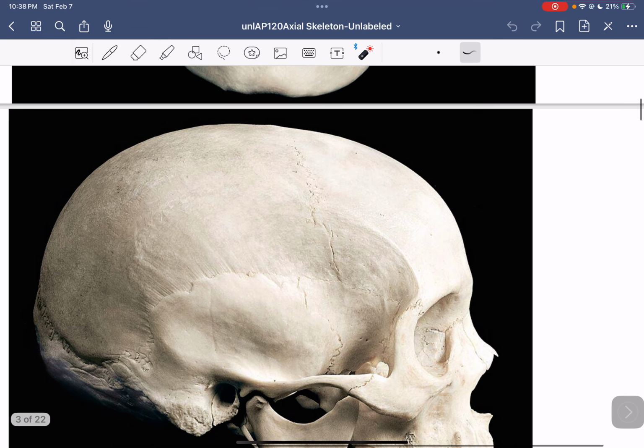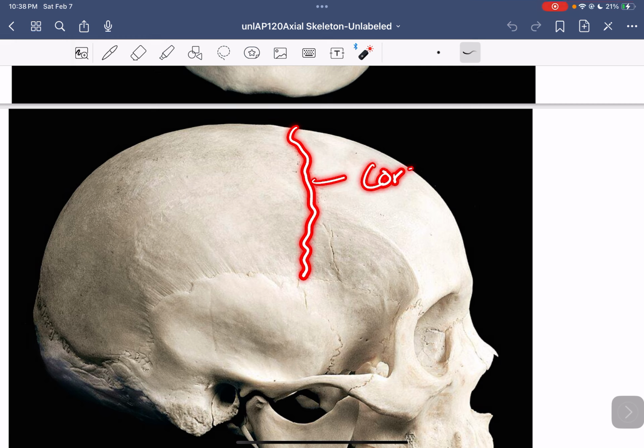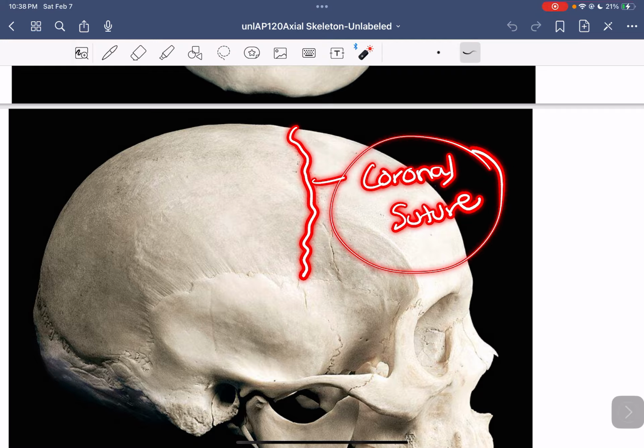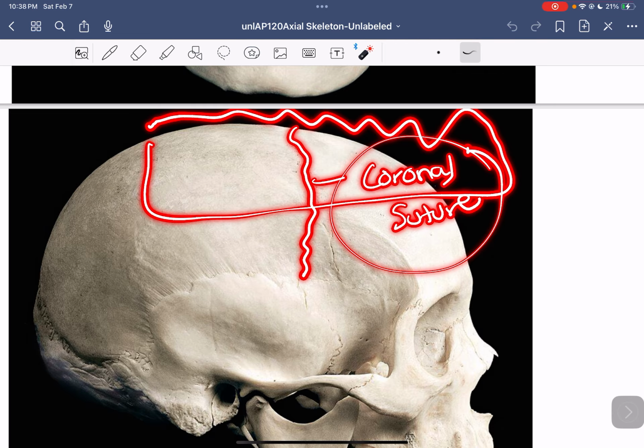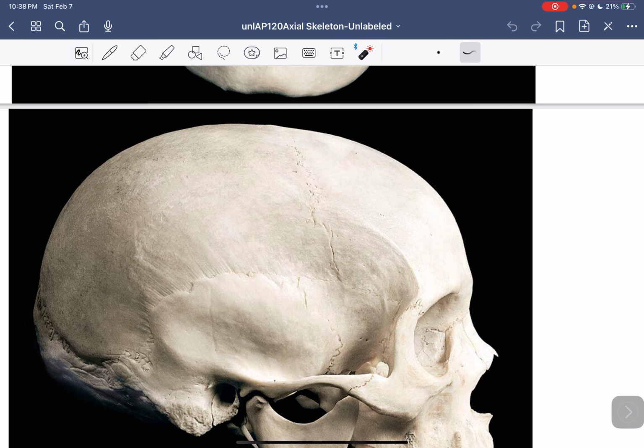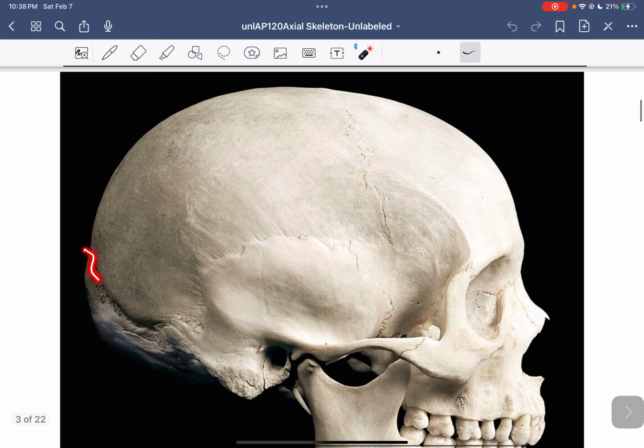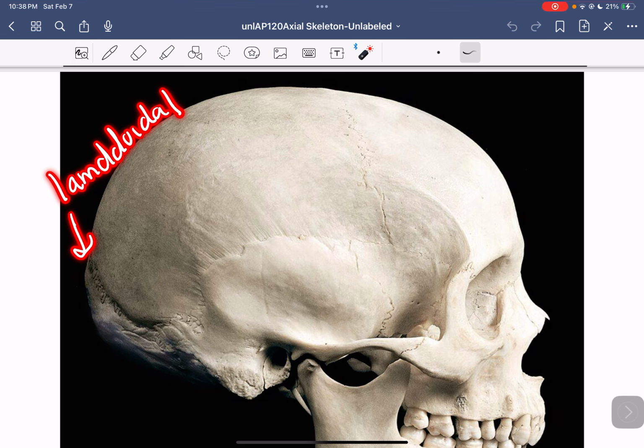We can also see from this angle this right here, which is our coronal suture. Remember, like putting a crown on this guy, right? And this is basically like a coronal plane. Behind here, we can also see another, just a little bit of it, right? But this would be our lambdoidal suture.